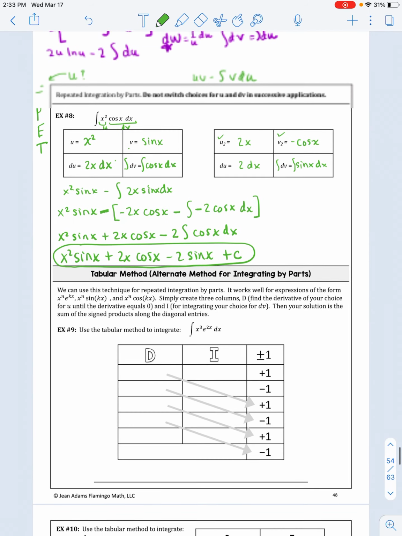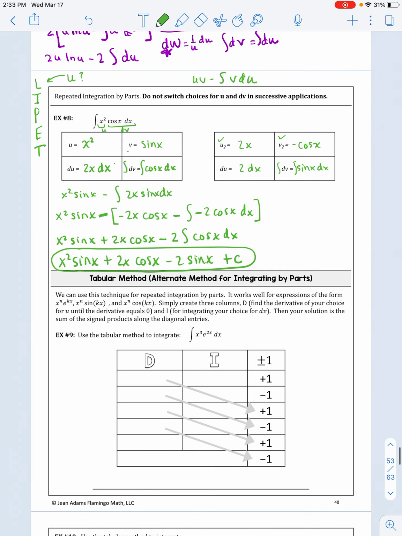What I was going to do is show you how I could get this same answer using this tabular method for this original, and I was going to just put it over to the side. Okay, so I'm going to show you how that works.